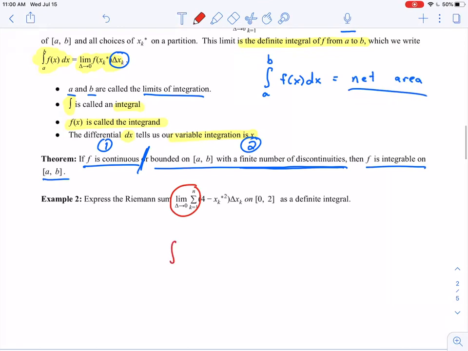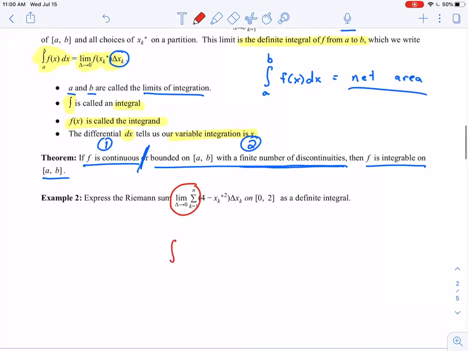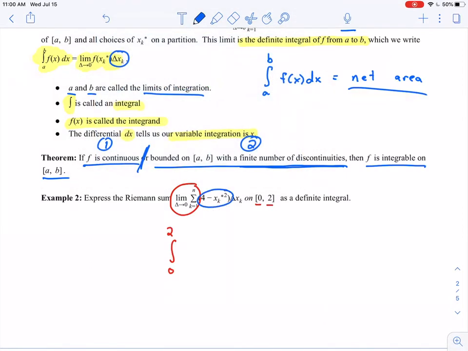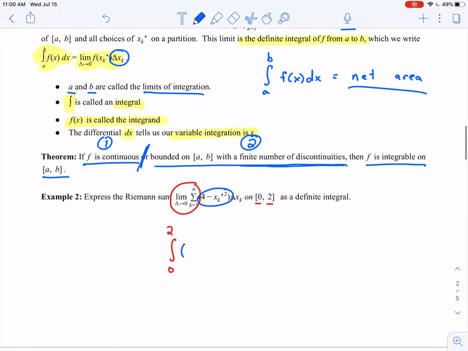So we have our integral. Our limits of integration are 0 to 2. This piece right here, this 4 minus x sub k star squared, this is actually our function. This is our integrand. So we're integrating 4 minus x squared.